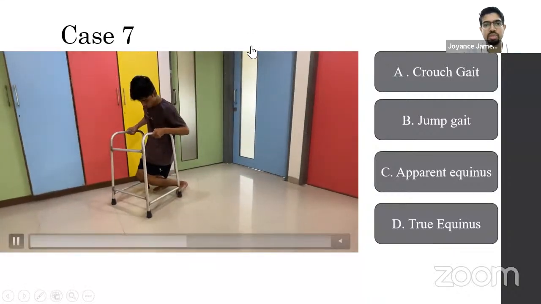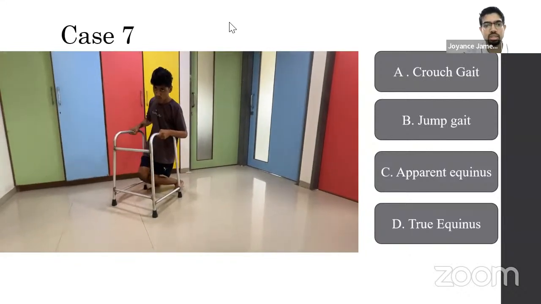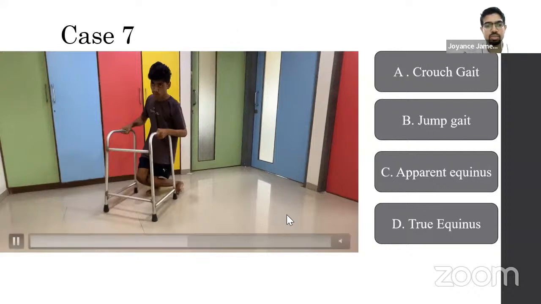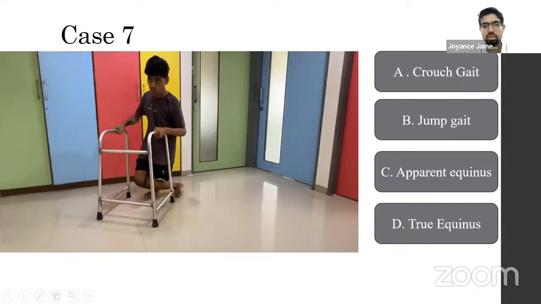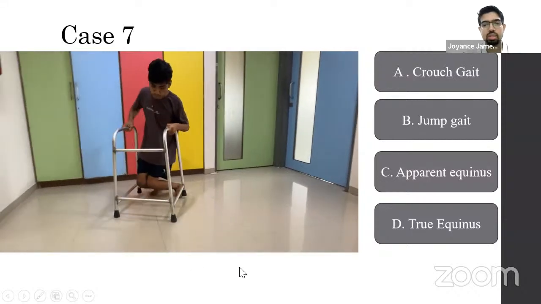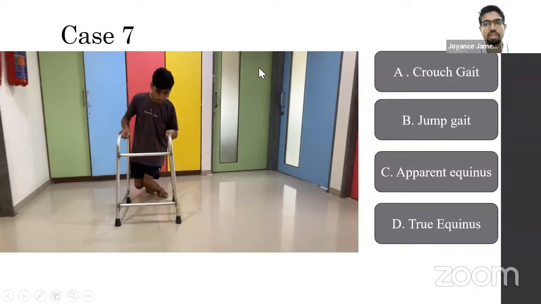Okay, so the GMFCS and the gait pattern. Okay, so the answers have come: crouch and GMFCS.